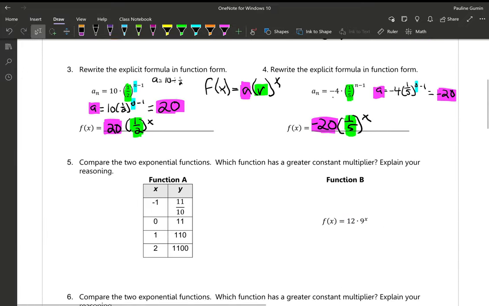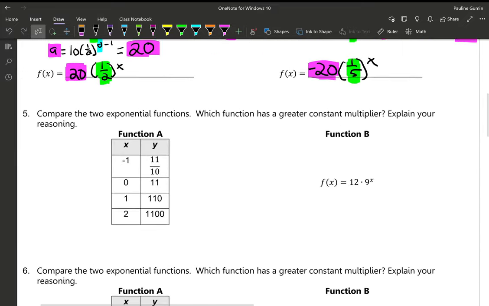Okay? Number 5. Let's compare the two exponential functions. Which has a greater constant multiplier? Now, constant multiplier is our ratio, because it's being multiplied constantly. So different names, but still the same thing. Okay, for function b, I can see it right away.